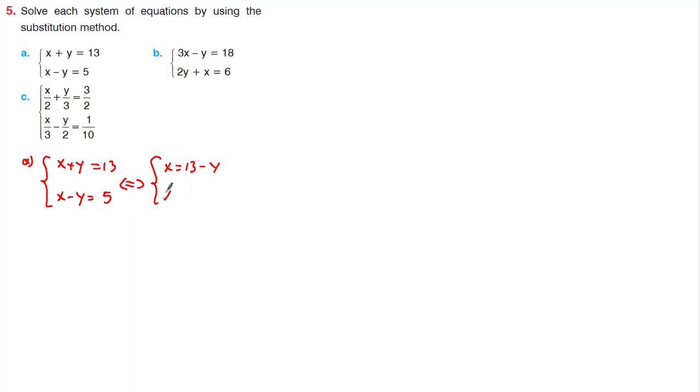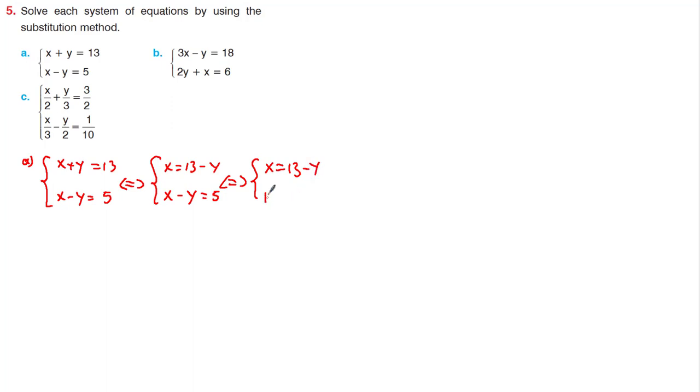Now after we got that x is 13 minus y, we substitute on the second equation. Wherever we have x, we substitute 13 minus y. Meanwhile, the first equation will just remain as it is.